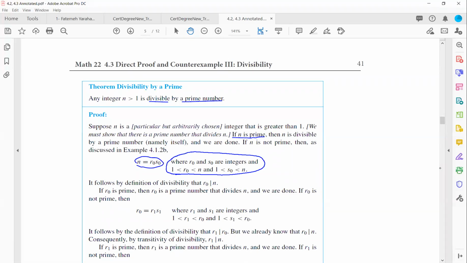It's like saying that 100 is equal to 4 times 25. 4 is not prime, 25 is not prime. But we can find a prime number like 2 that divides 4, or we can find a prime number like 5 that divides 25. You keep repeating this process until we find that prime number.